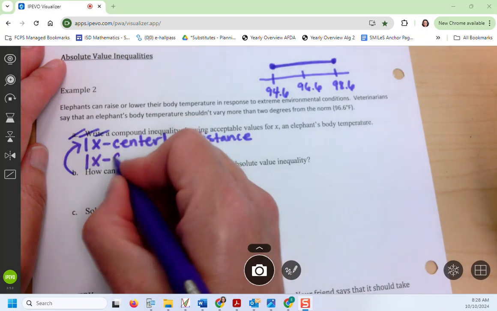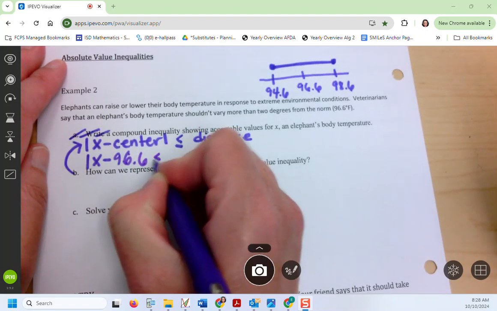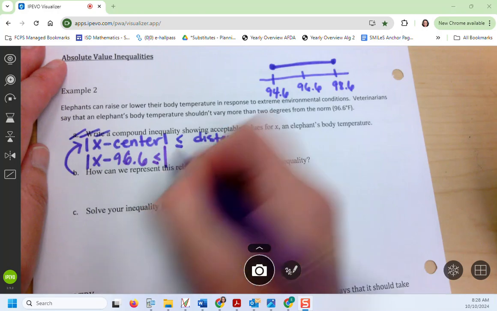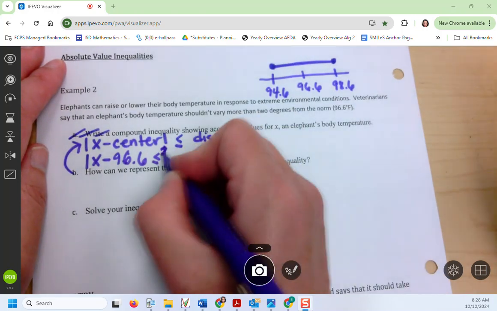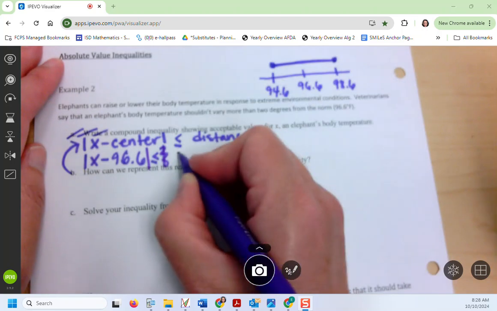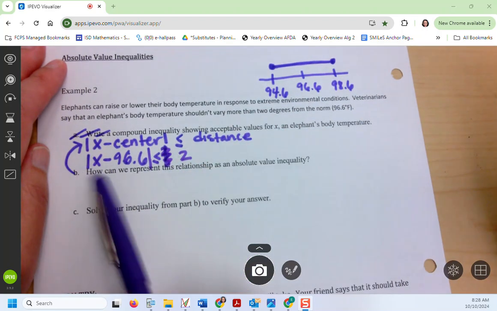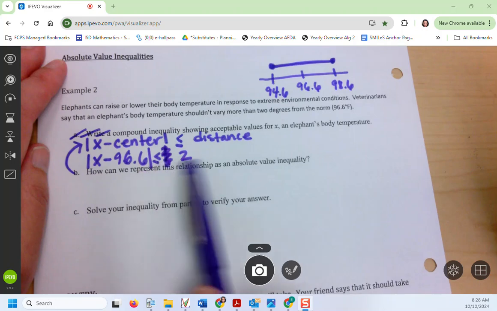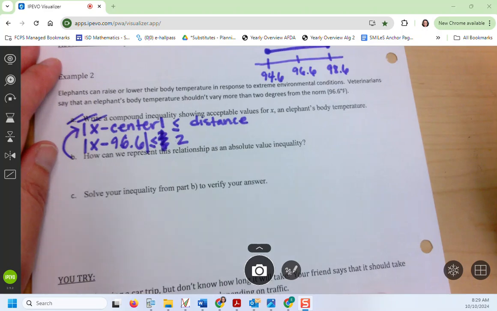Yep, 96.6. 96.6 is less than or equal to, and how far can you be? 2, yeah. Sorry, a lot of typos today. Absolute value, x minus 96.6, less than or equal to 2. And that was actually the answer for B. We didn't do A, because I didn't feel like it was a necessary step.